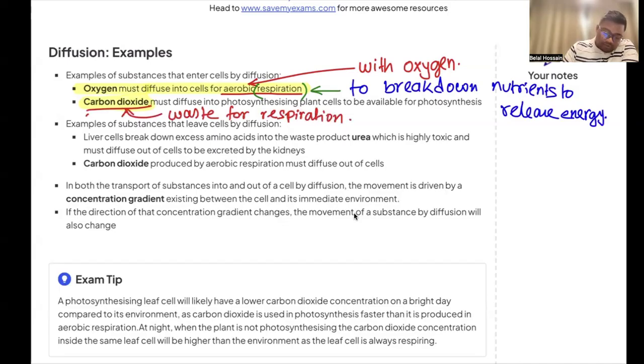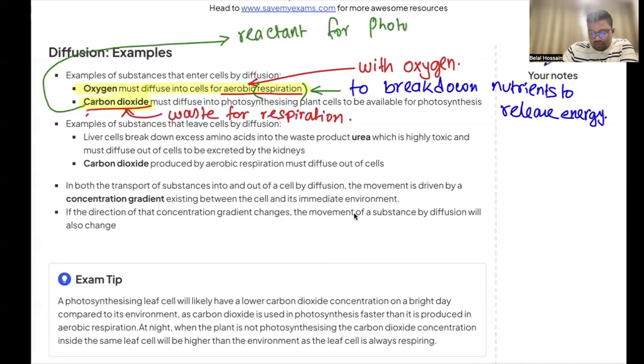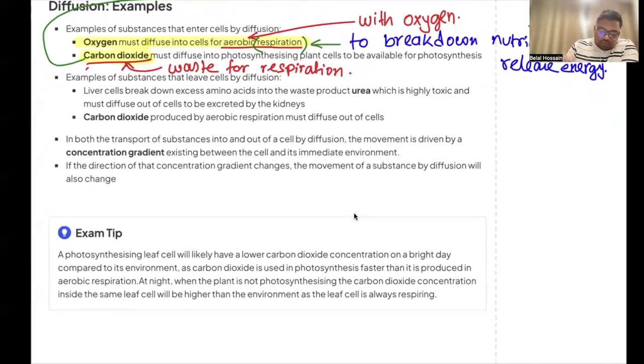But also remember, carbon dioxide is a reactant for photosynthesis. And you also know about oxygen, it is vice versa. Oxygen is a waste for photosynthesis, but it is a reactant for aerobic respiration. Very good. So now let's move on.